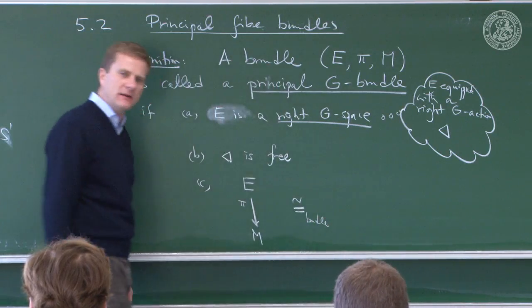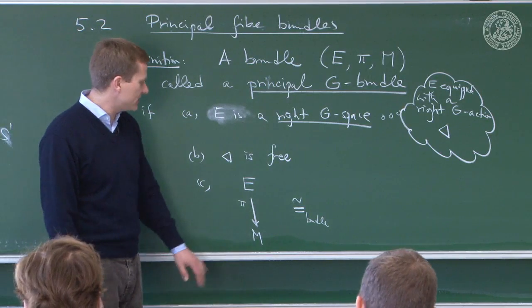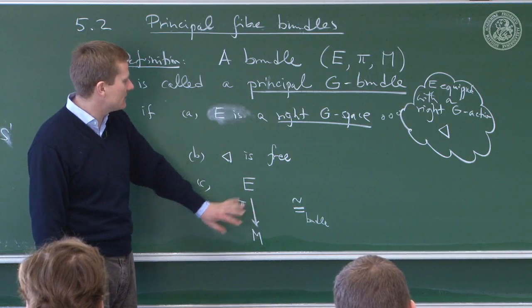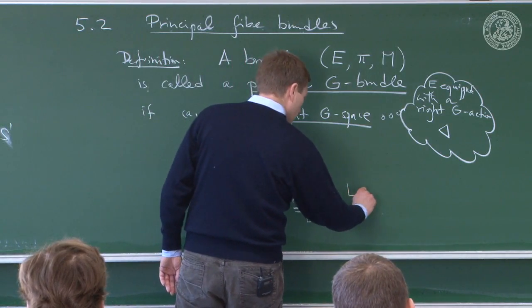You remember when a bundle was isomorphic? Maybe I remind you in a second. But first the definition: this is called a principal G bundle if as a bundle it's isomorphic to E.